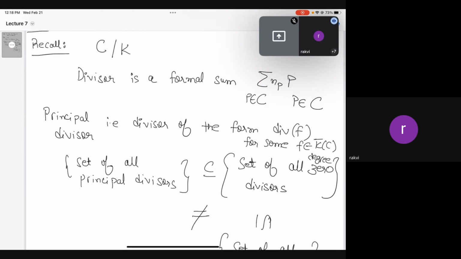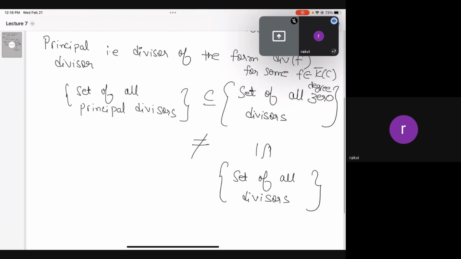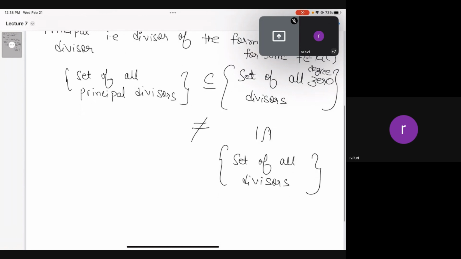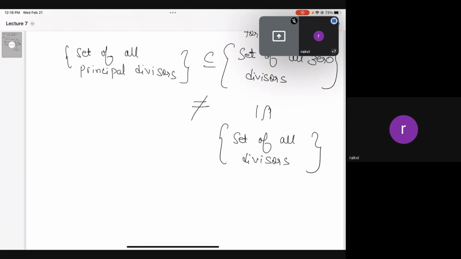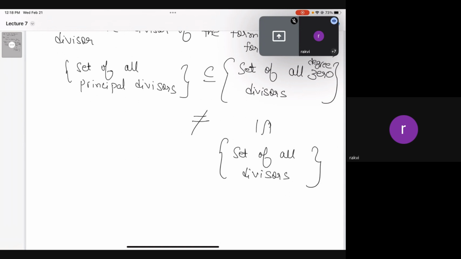Now, the set of all divisors is an abelian group, because I can add divisors just by adding their coefficients. So these two sets, degree 0 divisors and principal divisors, are not just subsets, they also form subgroups. And since it's abelian, I can talk about quotient groups.